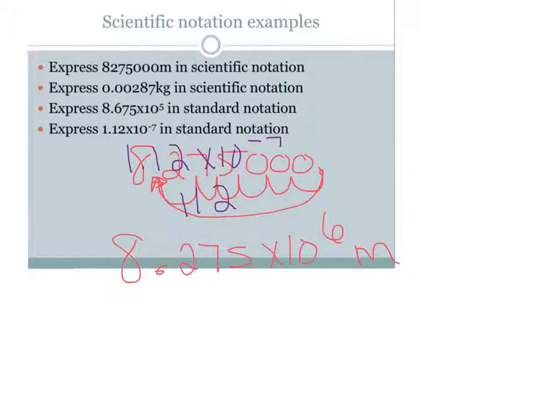Now the fourth and final example. Here it says express 1.12 times 10 to the negative 7th in standard notation. Again, because I'm going from scientific notation to standard notation, our rules are opposite. This time a negative number indicates that I need to go to the left when I move the decimal.